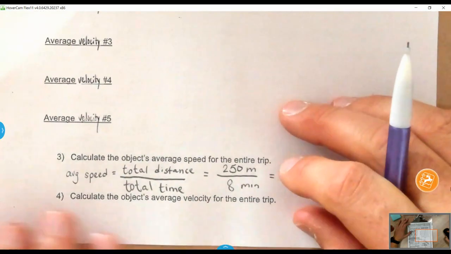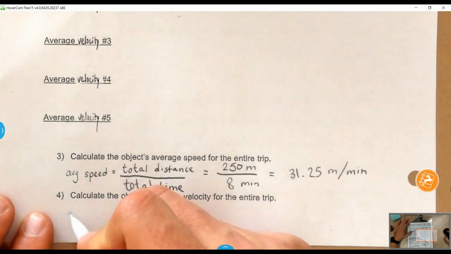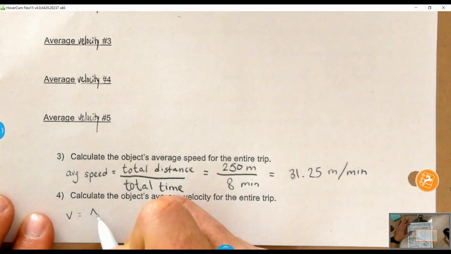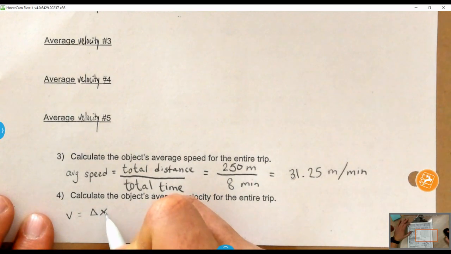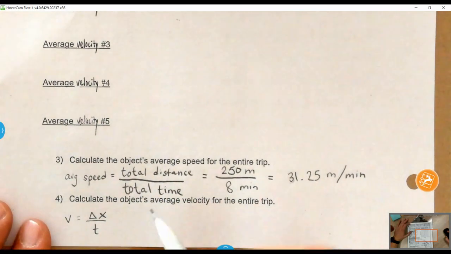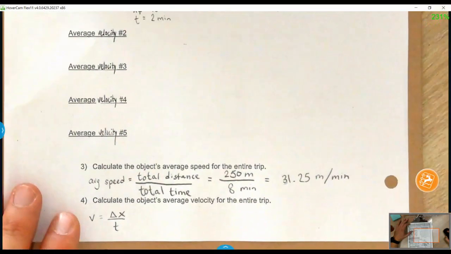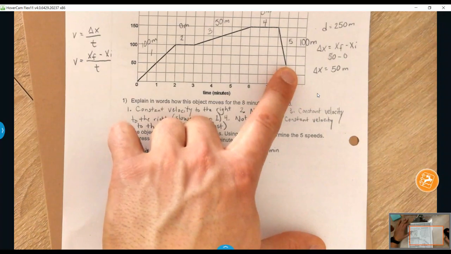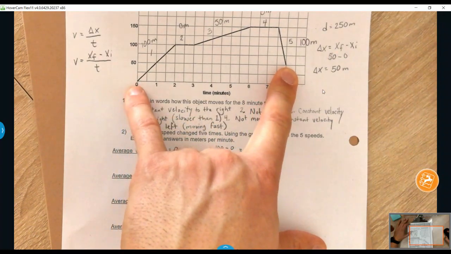Okay, and then to calculate average velocity, again, velocity will be your overall change in position, which is displacement, over time. We did that up at the top. We figured out what our final position was, which is only 50, and our initial position of 0.